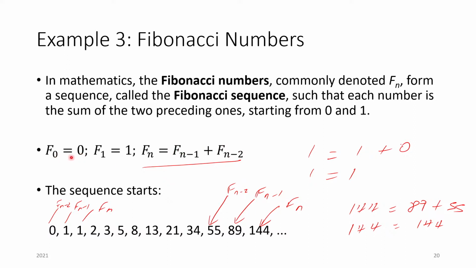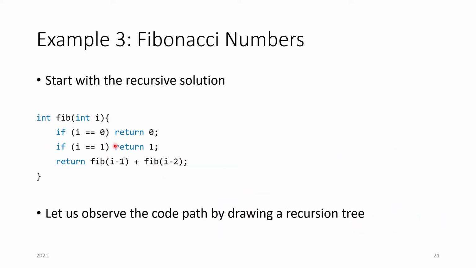Our base cases here would be f of 0 and f of 1. So once we have 0, we return 0. Once we have 1, we return 1. So just to illustrate this, this is our base cases here, and this here is our recursive step.